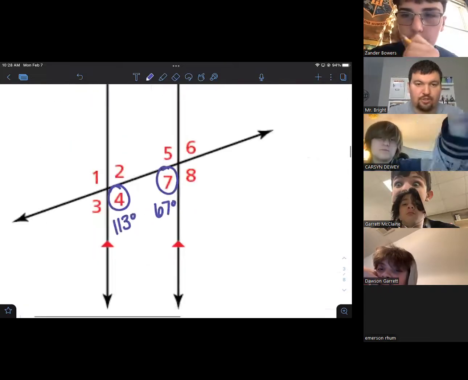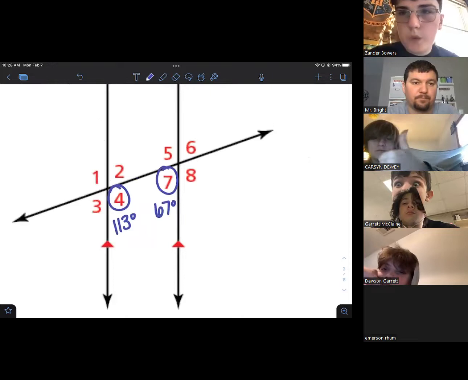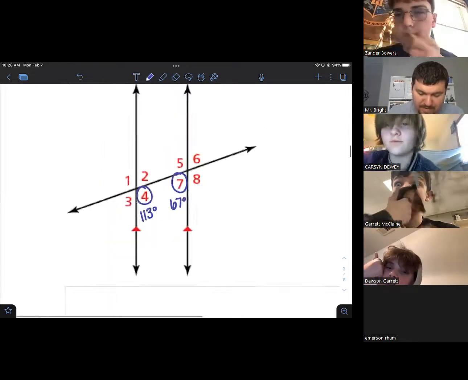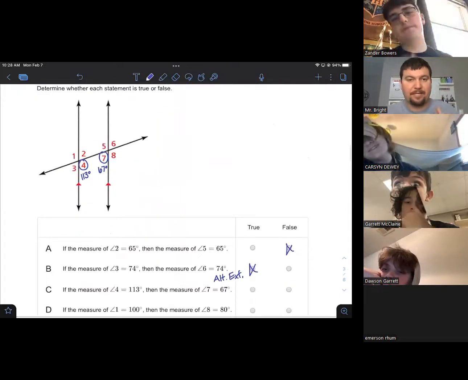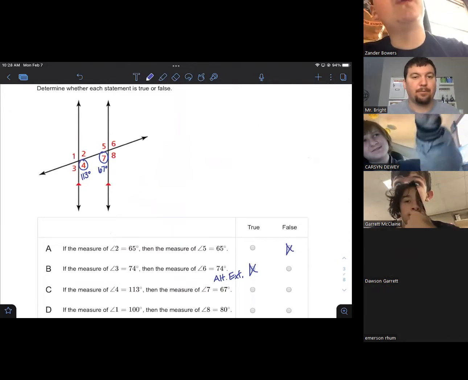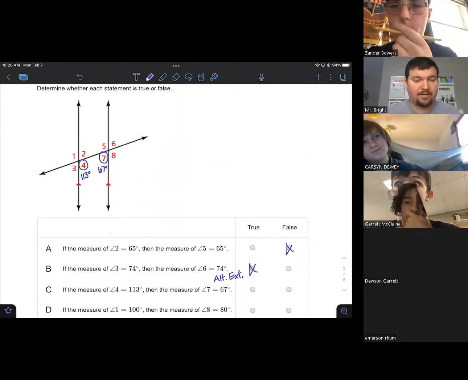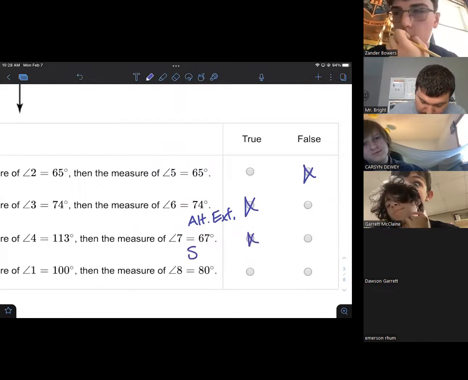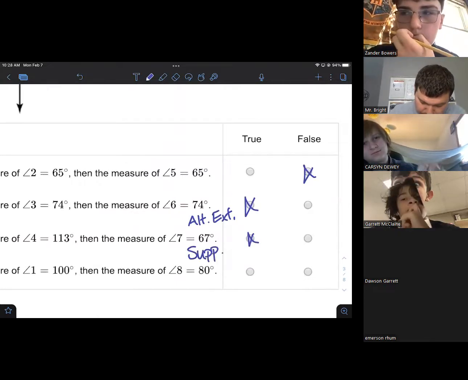So do you guys think that's true or false? Thumbs up from Carson. So true. Yeah. Again, they're interior, but they're not alternate. So they're not going to be the same size. They're going to be supplementary. And if you check the math, that does add up to 180 degrees. So that is true because they are supplementary angles.